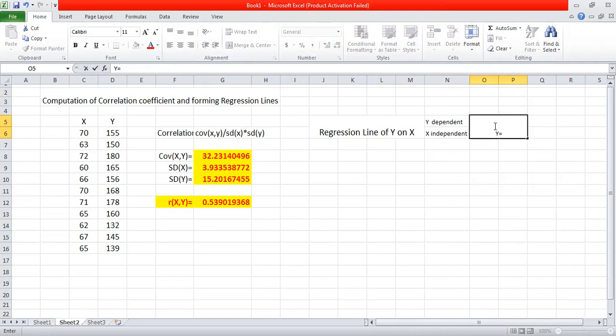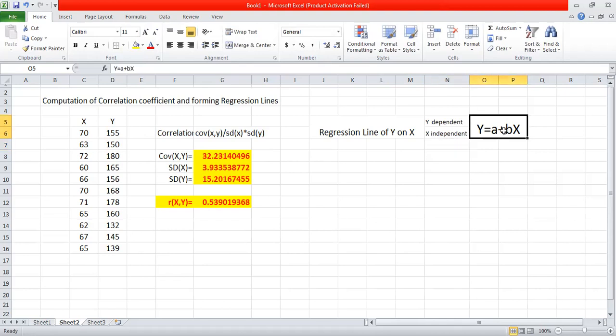Actually, what is the regression line we consider? A plus bx. In the derivation of the regression line also, first we consider this: y equals a plus bx. So this is the regression line of y on x, where y is dependent and x is independent.